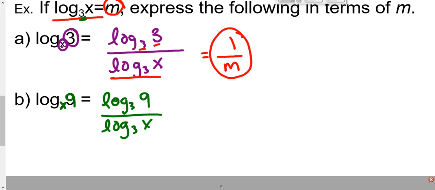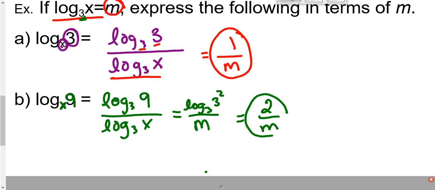Now we have to write this in terms of m. So we kind of want to get rid of our logarithms. So we see on the bottom we have m again. Log base 3 of 9, well, we can write that as log base 3 of 3 squared, which will just be 2 over m. So again, in terms of m.